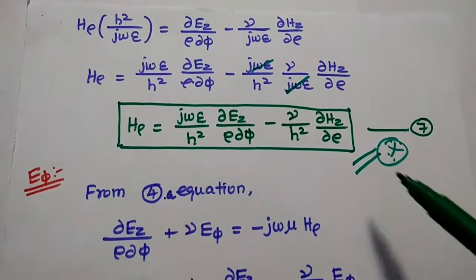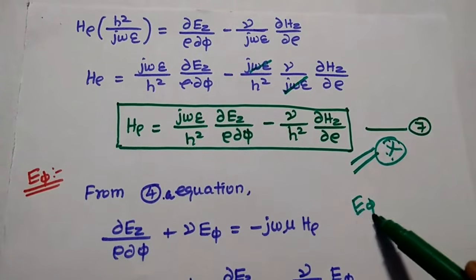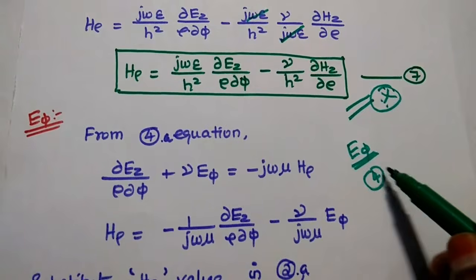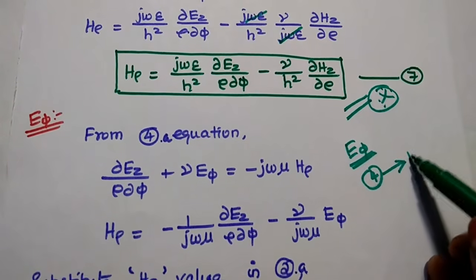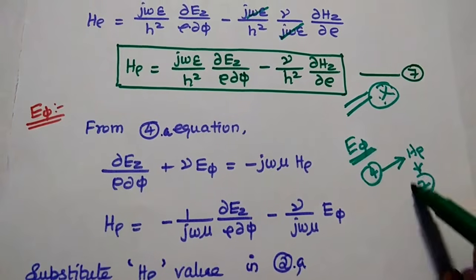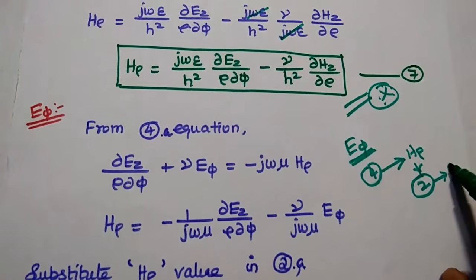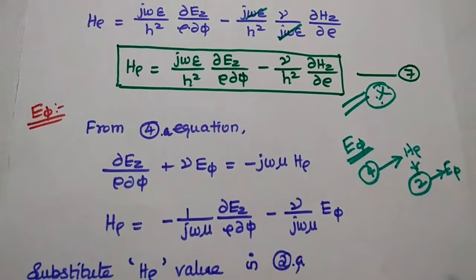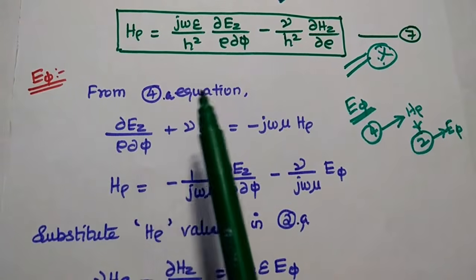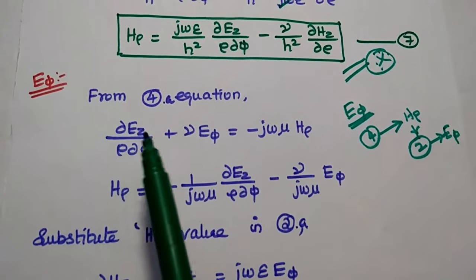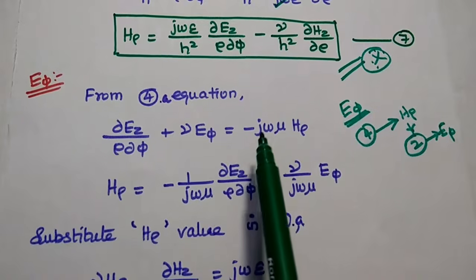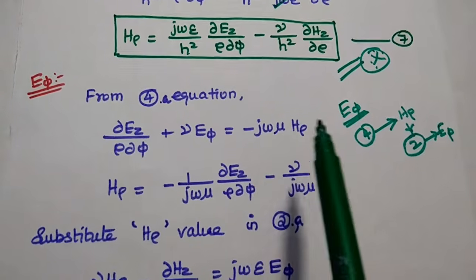The same way we are going to find out the Eφ value. For that we can consider the fourth equation. From this fourth equation we can get the Hρ value. Substitute this Hρ value in the second equation to get the Eφ component. Okay. So here we can take the fourth equation, that is the updated version of the fourth equation. ∂Ez/ρ∂φ + γEφ is equal to -jωμHρ.